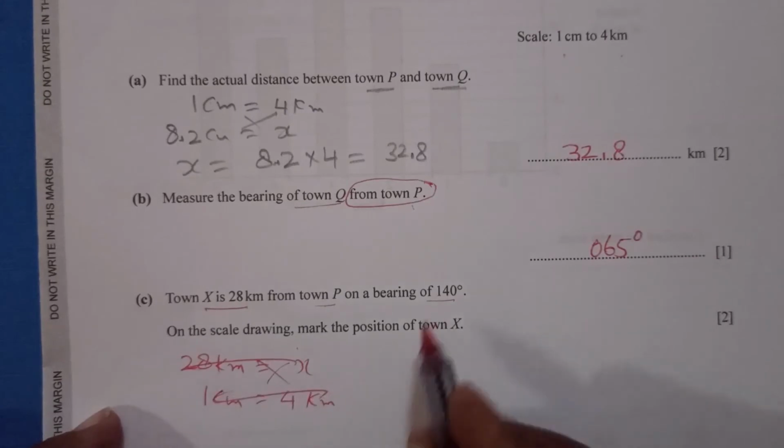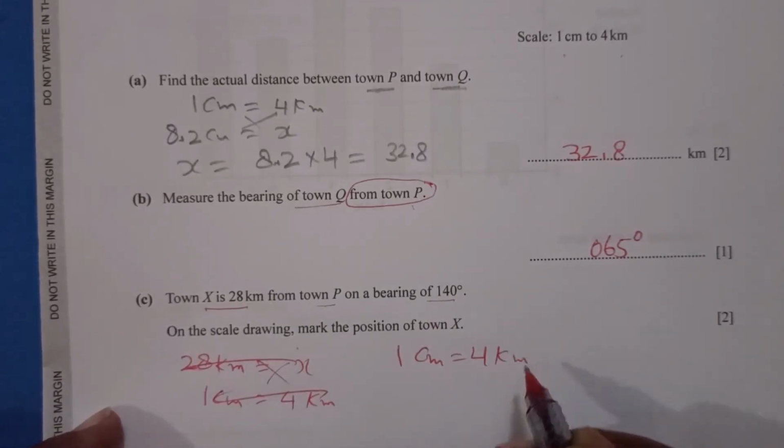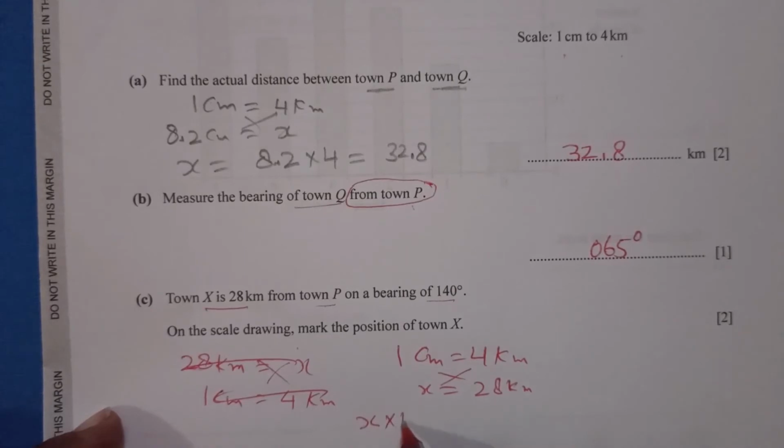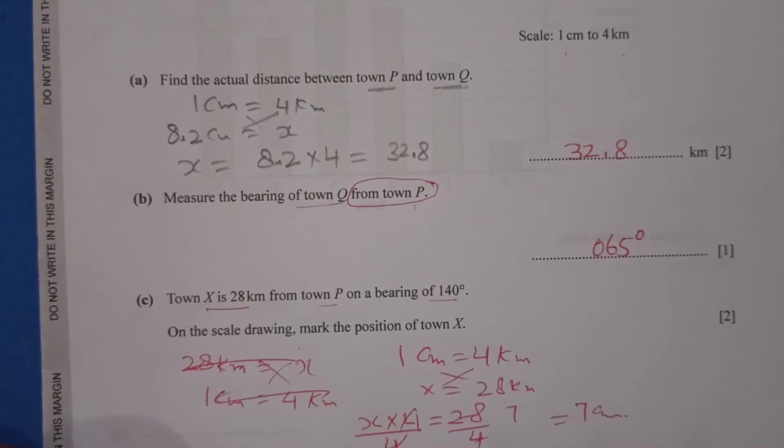So 1 centimeter is equal to 4 kilometers and 28 kilometers will be how much? It will be x times 4 equals 28, so x equals 28 over 4. 4 times 7, so that will be 7 centimeters. So our distance is 7 centimeters.